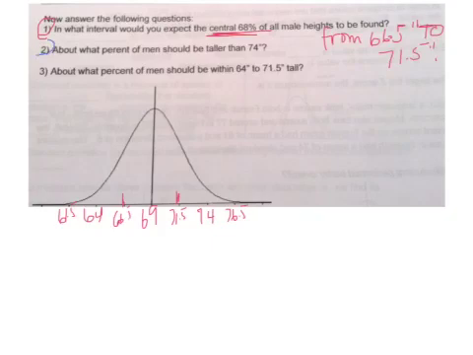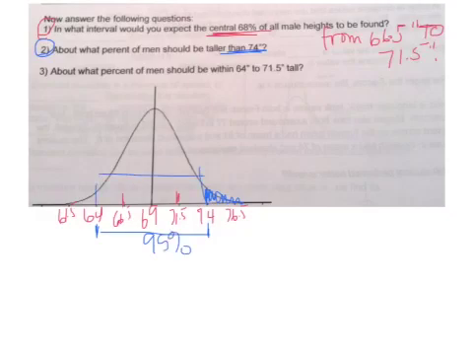Now question number 2 says about what percent of men should be taller than 74. Well, that's right here. So we want this information underneath this tail here, and that is not one of our intervals. But let's take a look at this. This is 2 standard deviations out, and this is 2 standard deviations out. So that's 95% of all my data lies in there, right?